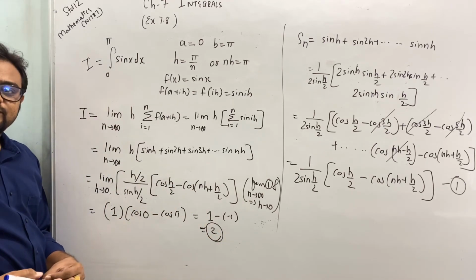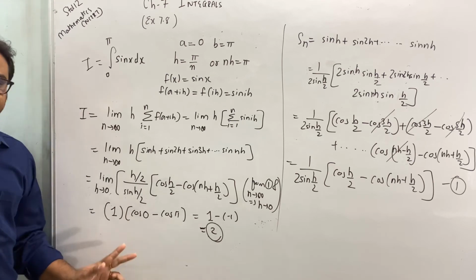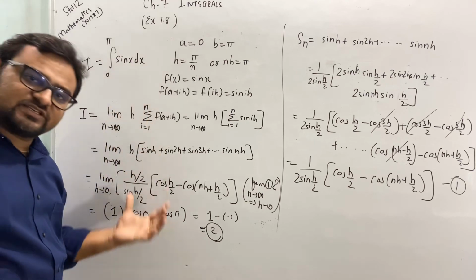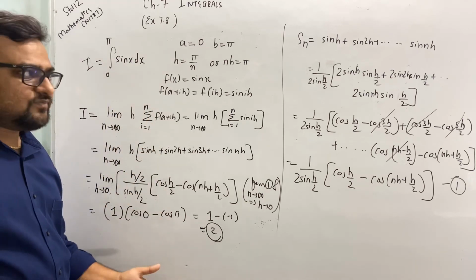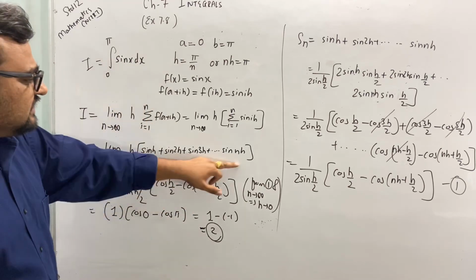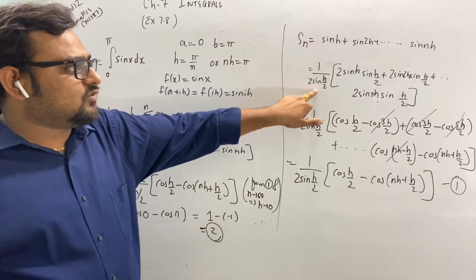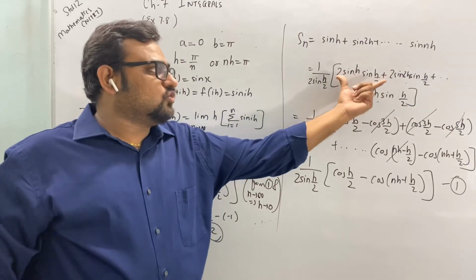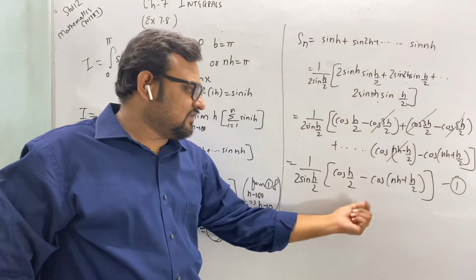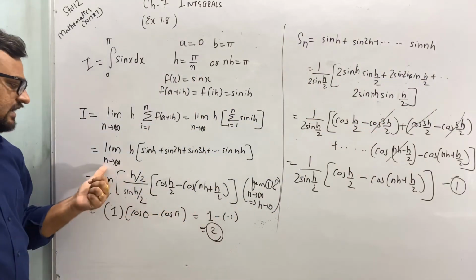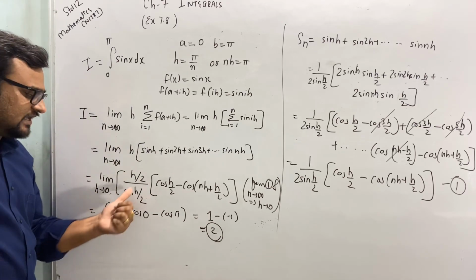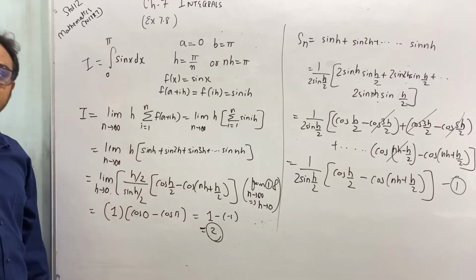Clear? Okay, so remember this step. If it is cos x, then also you will use this similar method. What we have done here is taken this series separately, multiplied and divided by 2 sine h by 2, used 2ss c minus c, and finally instead of n tends to infinity, replaced it by h tends to 0. So sine h by 2 upon h by 2 will be equal to 1.